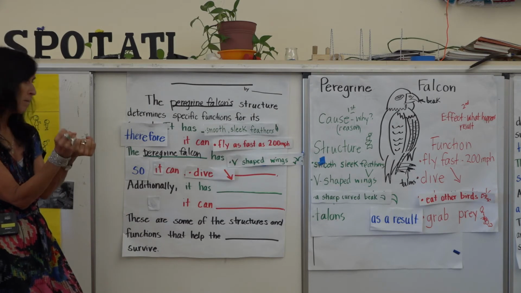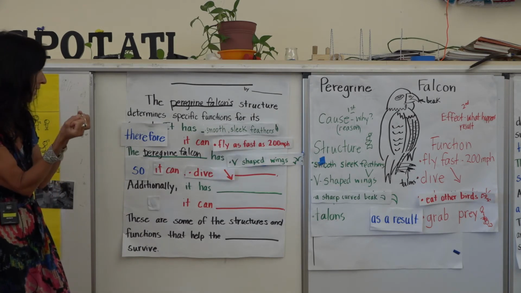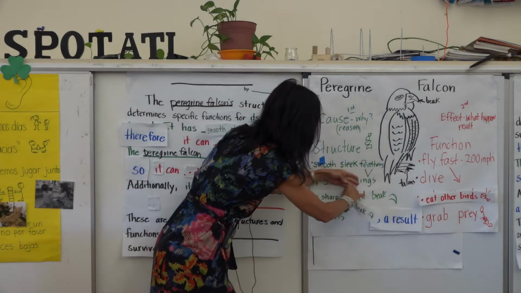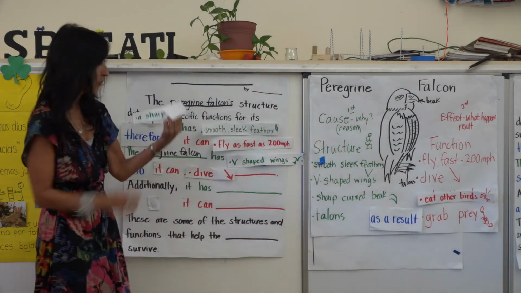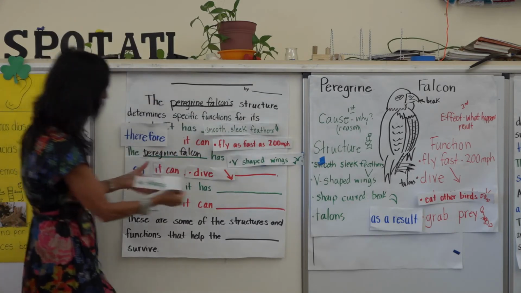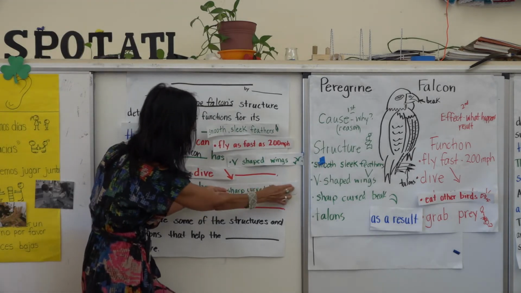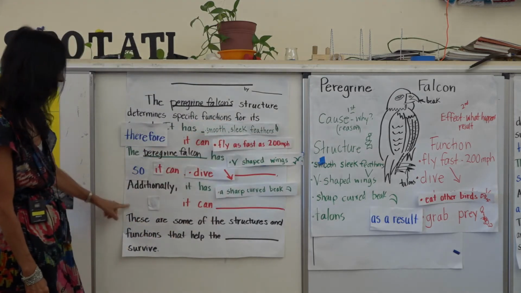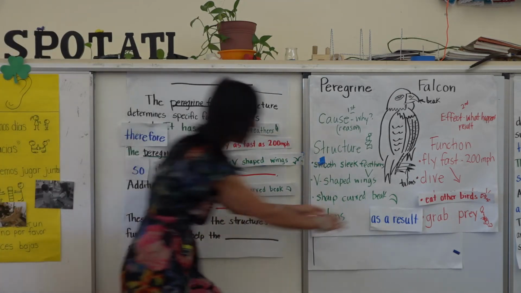Additionally, because this is going to be my final sentence here, I'm joining an idea, it has, read it with me, a sharp, curved beak. What does it have? A sharp, curved beak. That's the cause or the reason or the why. Here's my cause and effect language.